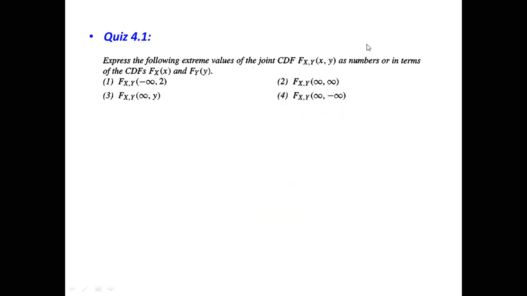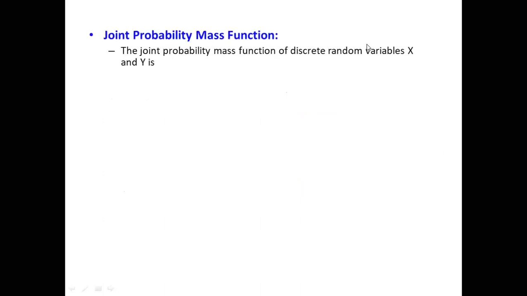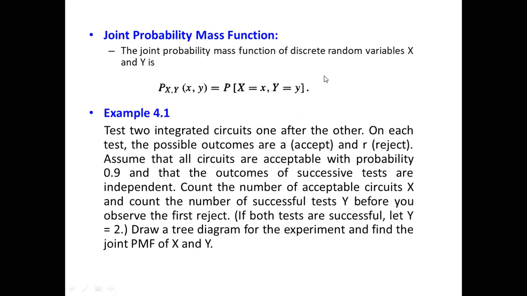Okay, then let's go to the next slide. We have already seen this one. Now let's see joint probability mass function. We have already seen the joint cumulative distribution function, or joint CDF. From this joint CDF, how can we find this joint PDF or joint PMF actually?